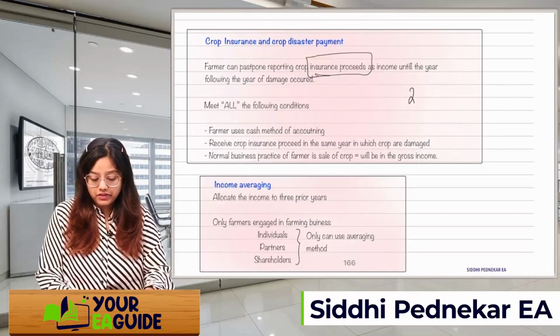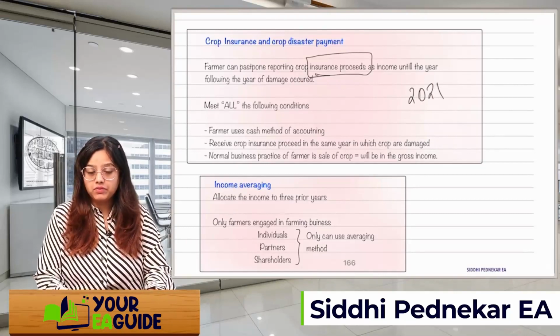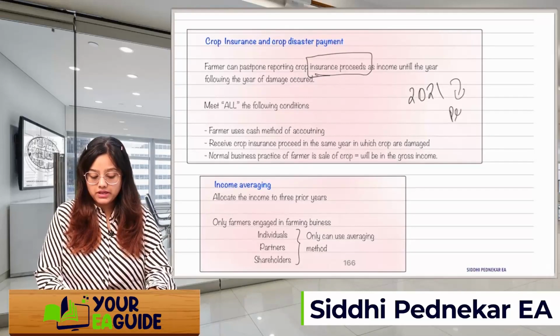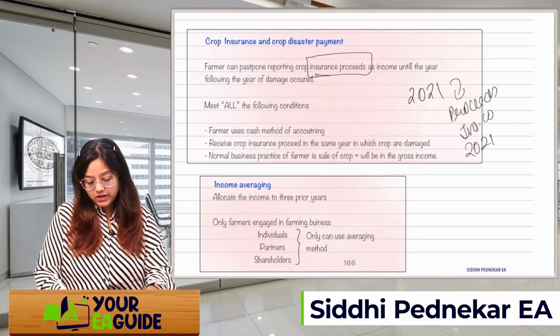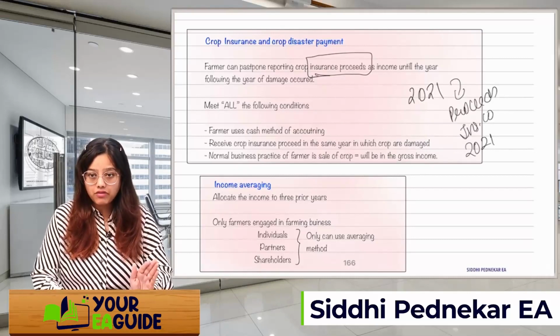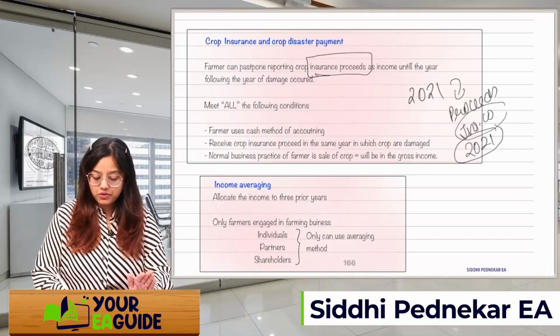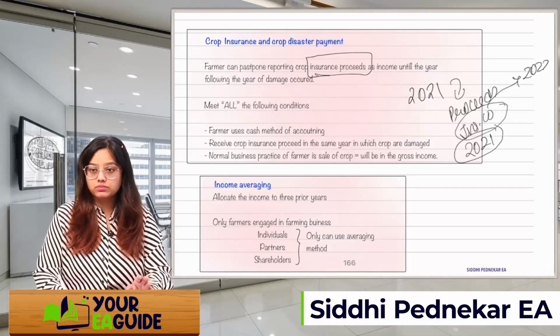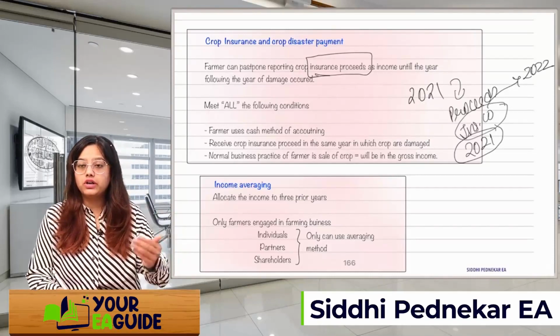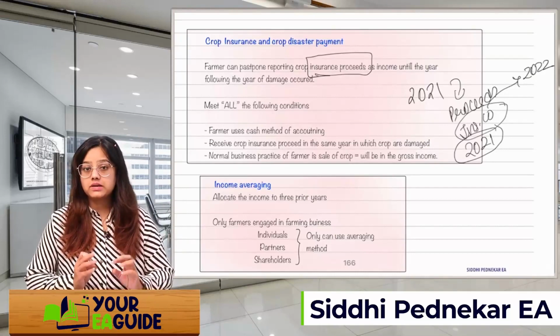That means if the damage happens in 2021 and you receive the proceeds from the insurance company in 2021 only, you have an option to tax these proceeds in 2022. So next year you can include it as income.